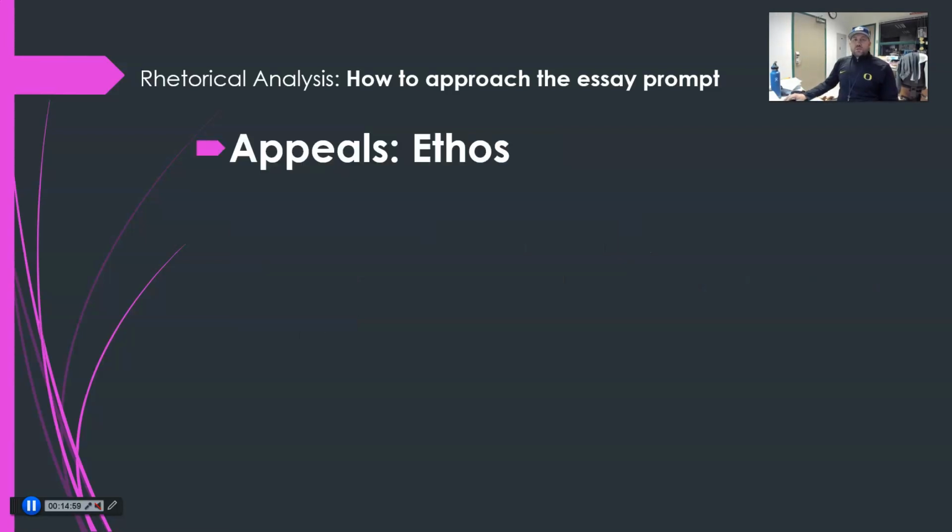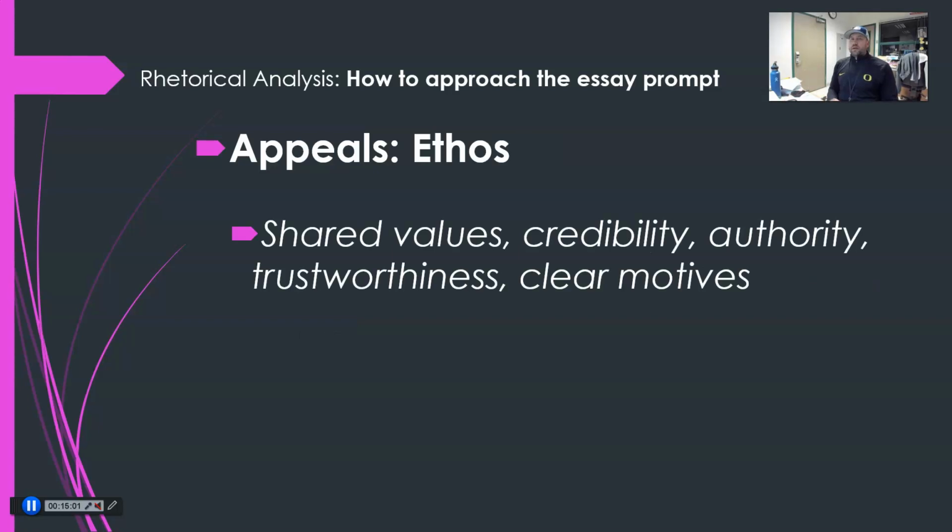Let's move on to the next one, which is ethos. The ones I put in here are shared values, credibility, authority, trustworthiness, and clear motives. We've talked about these a lot this year. The one thing I'd clarify with shared values is it's the same as needs under pathos, and you want to clarify what value you're specifically talking about. So don't just write that the author utilizes shared values.